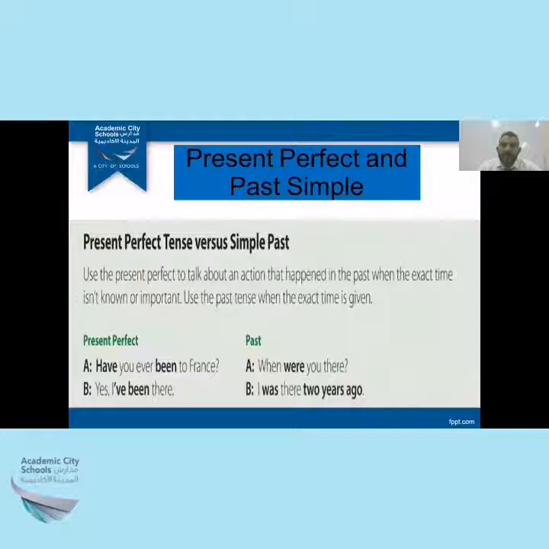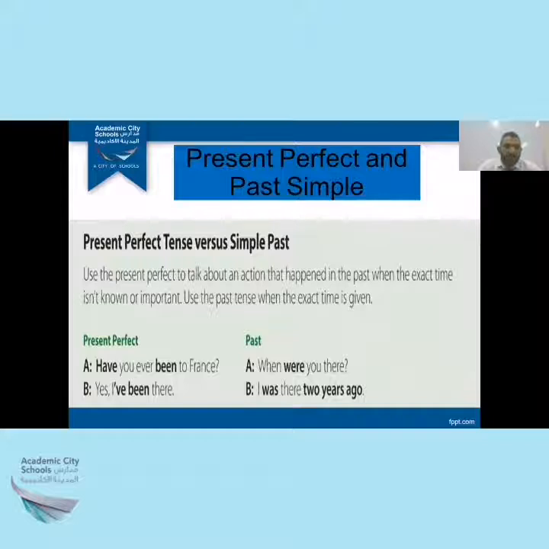Present perfect tense versus simple past. Use the present perfect to talk about an action that happened in the past when the exact time isn't known or important. Use the past tense when the exact time is given. Here we have present perfect and past.